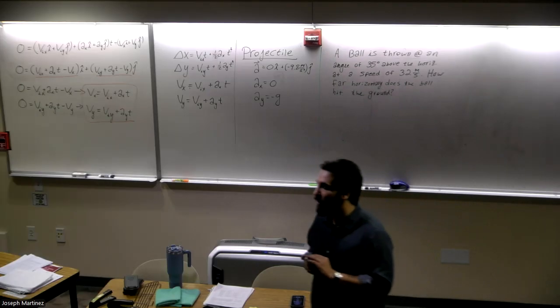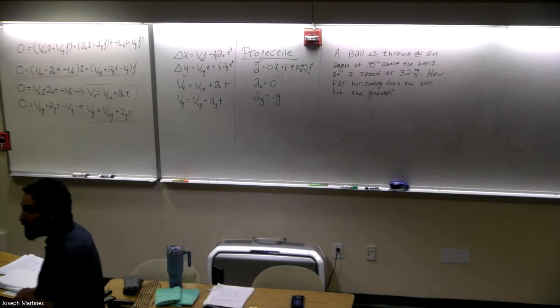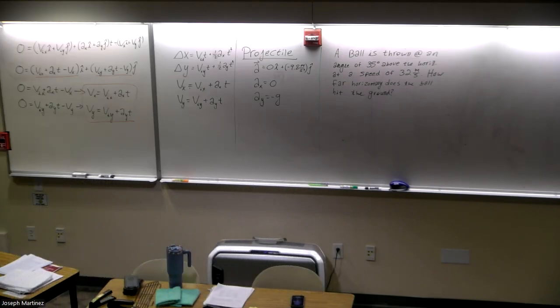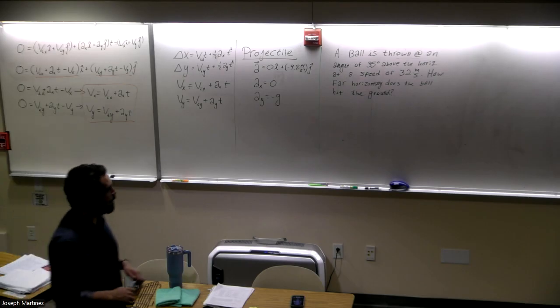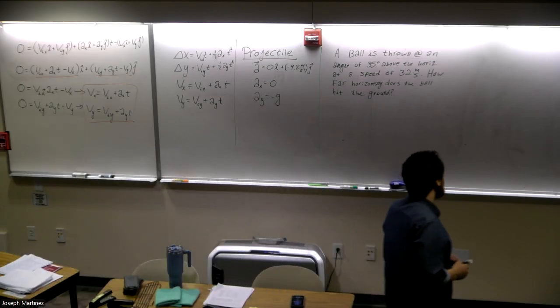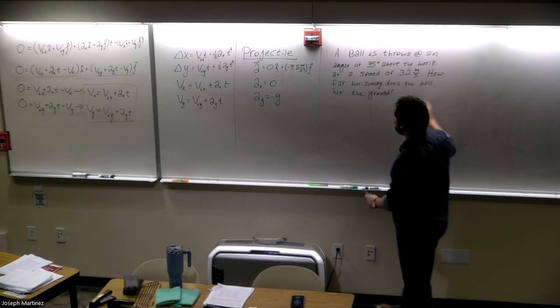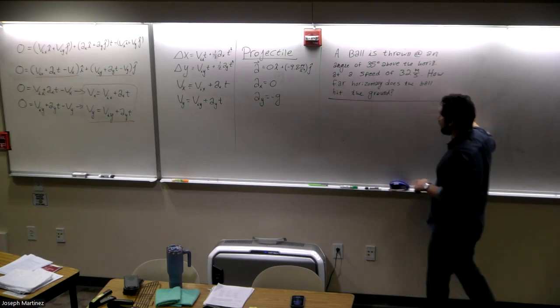In other words, what is the range of this projectile? So we set up the scenario, throw a ball 35 degrees above the horizontal at 32 meters per second. We ask the question, making a prediction about how far the ball will move when it hits the ground.